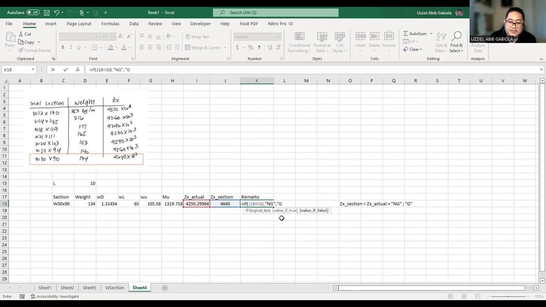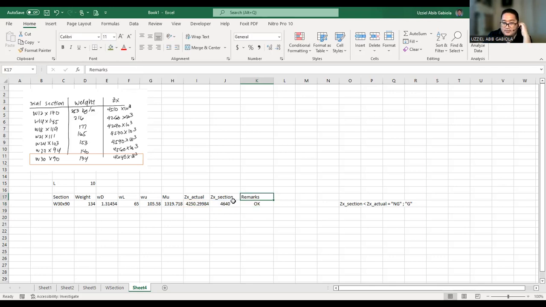And then, tsaka siya good kapag na-satisfy niya. Okay? So, since good yung design natin, lagyan natin is okay. So, since pasado siya dito, ibig sabihin we can use yung W30 by 90 as our section. Okay? Kasi pasado siya dito sa condition natin. Therefore, sa flexure, pasado na si W30 by 90.